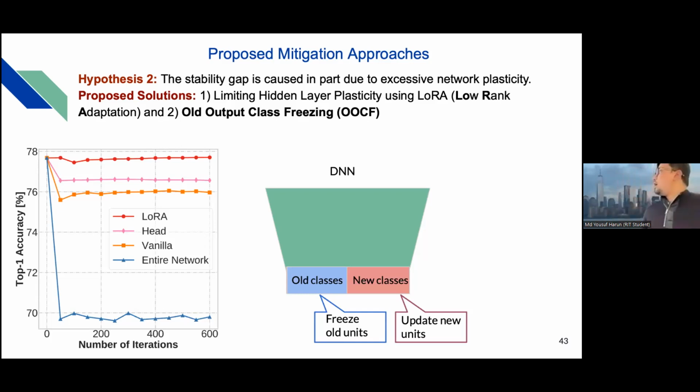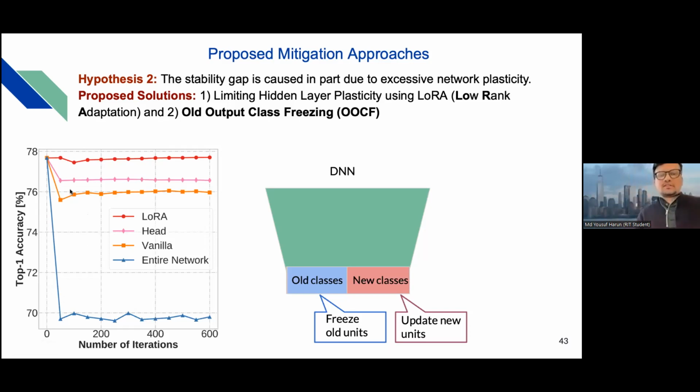On the leftmost curve, we can see that when we use LoRA, the degradation in the beginning is largely prevented. Here we're showing that if we adapt the entire network, the performance on old tasks significantly drops and does not fully recover.